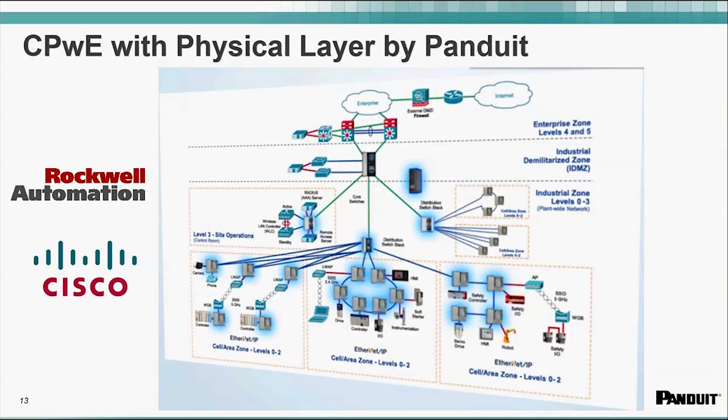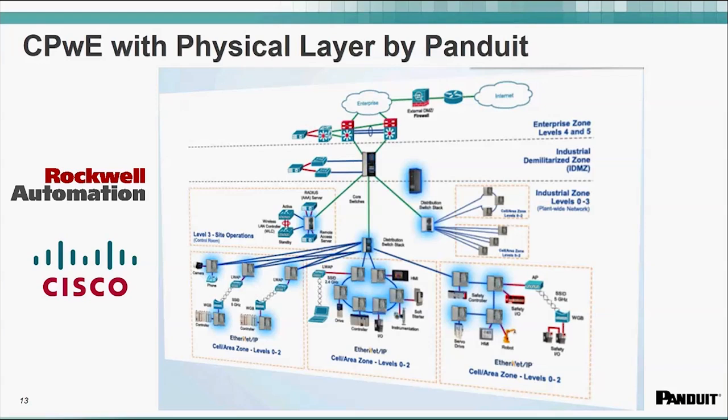This is the CPWE reference architecture with network building blocks included. You may recognize that this is based on the campus model of core, distribution, and access. It also shows the typical network topologies like star, ring, and linear with industrial automation control system equipment, including wireless.